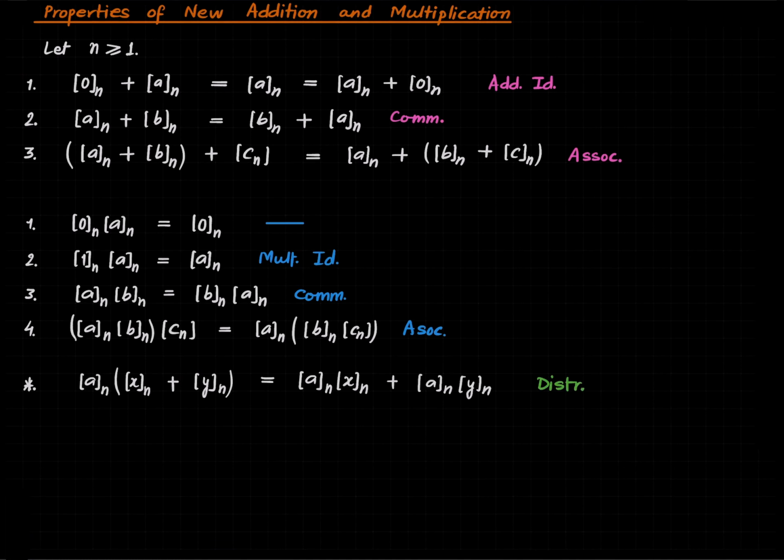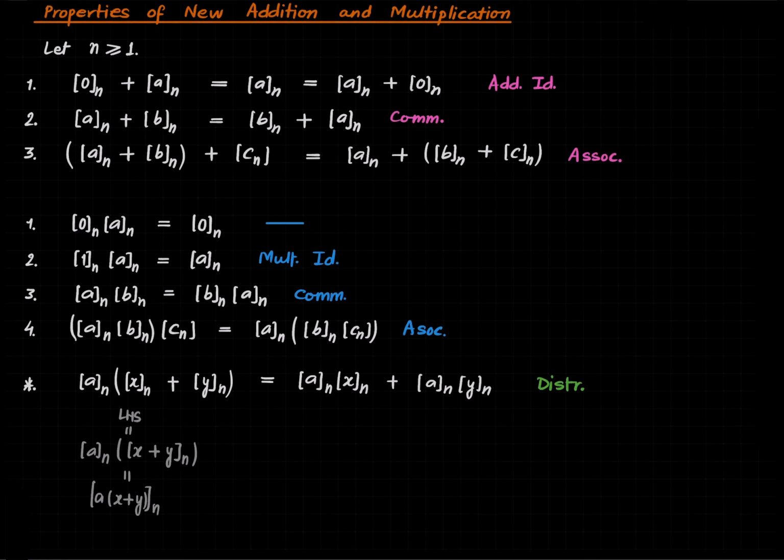So let me verify distributivity. What is it that we are trying to see? What is the left hand side? The left hand side is this product, because by definition of the sum, the thing in the bracket is this, which is equal to, by definition of product, this equivalence class.